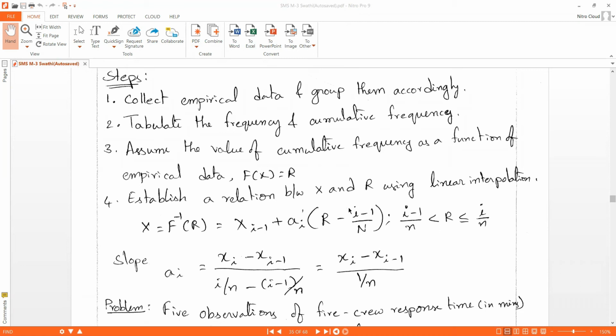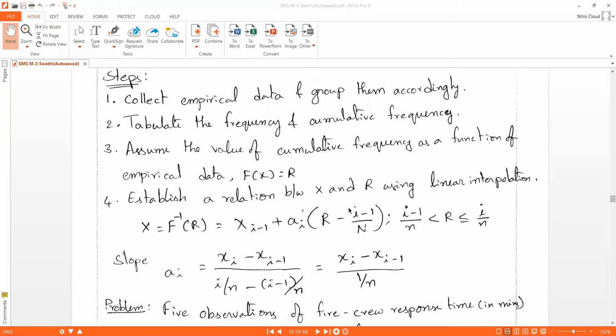Next step, assume the value of cumulative frequency as a function of empirical data. That is f of x equal to r. We are setting f of x equal to r in step 3. Next step 4, establish a relationship between r and x. Okay, so we will write the x in terms of r. Establish the relationship between x and r using linear interpolation.